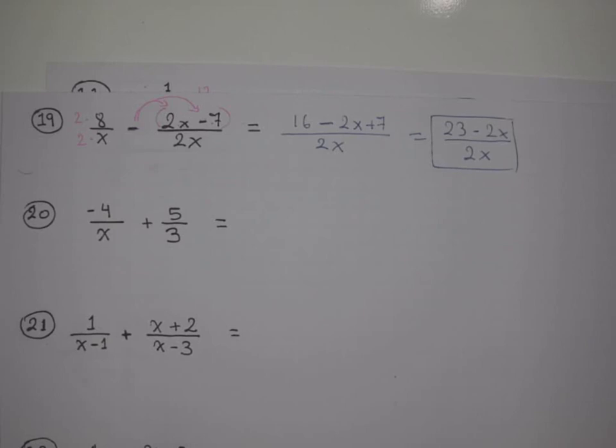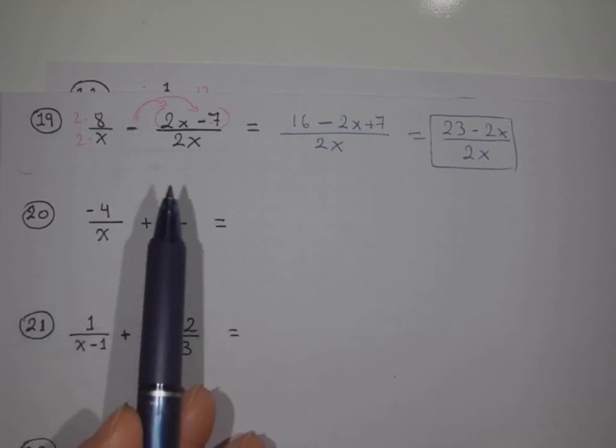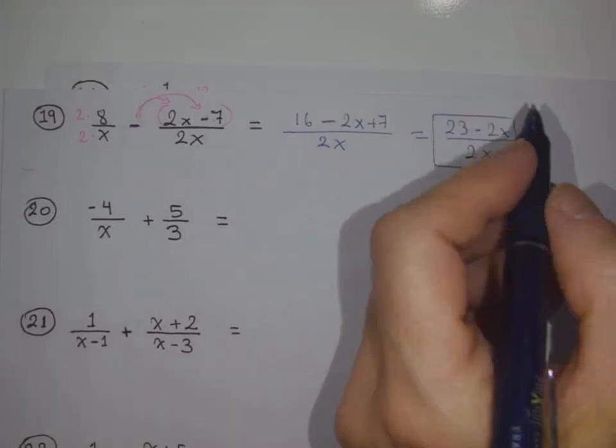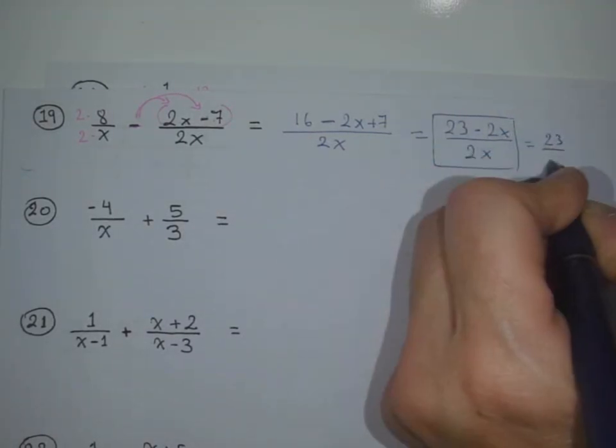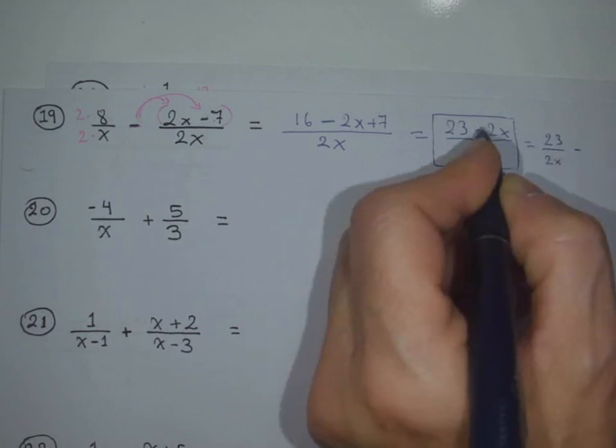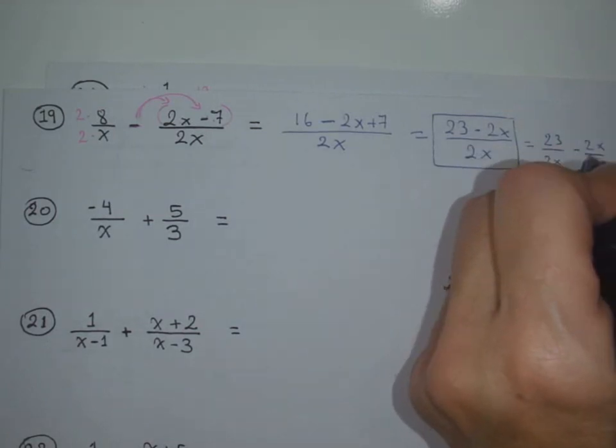Or do I want to leave that as such? Let me see what I want to do here. Yeah, I think I want to leave it as such. I mean, I probably could say this is the same thing as 23 over 2x minus 2x over 2x, right?